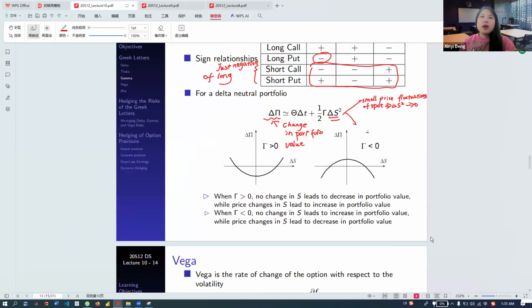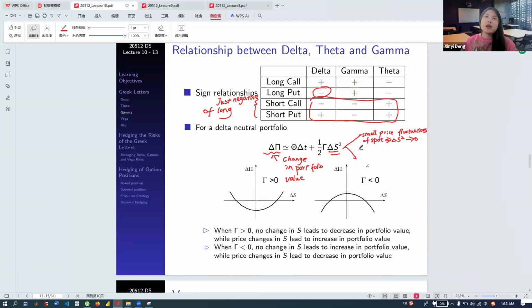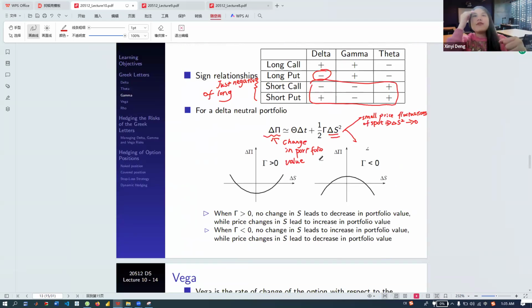Now, we have some extra formula here on the tip of the lecture. This delta sign here represents the change in portfolio value.